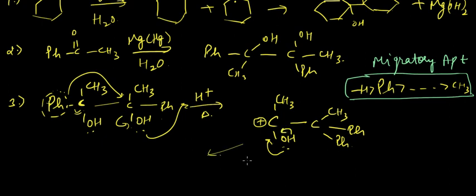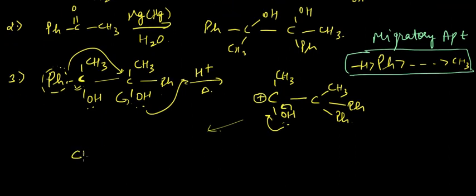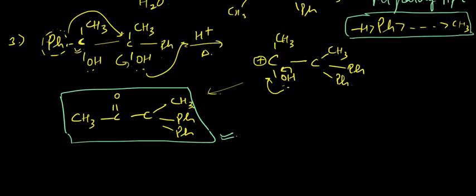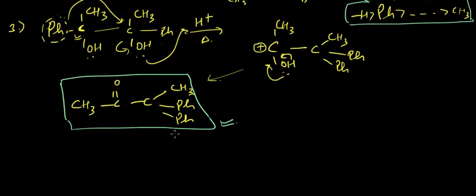So we would get something like this as our final structure, and CH3 over here. Okay, so this would be the final structure formed. I hope you are able to follow my steps which I told you orally, because we have done so much practice over that, all the steps should be directly running in your mind.